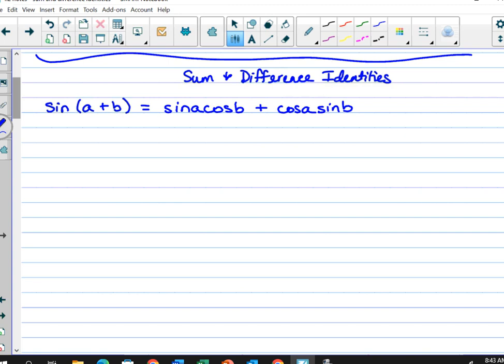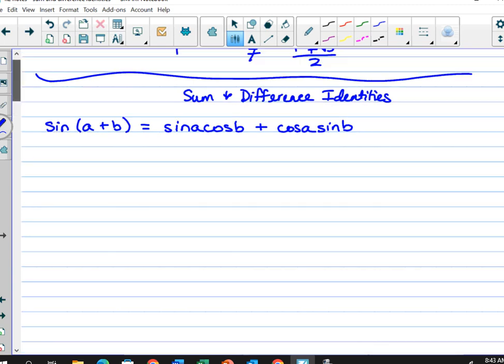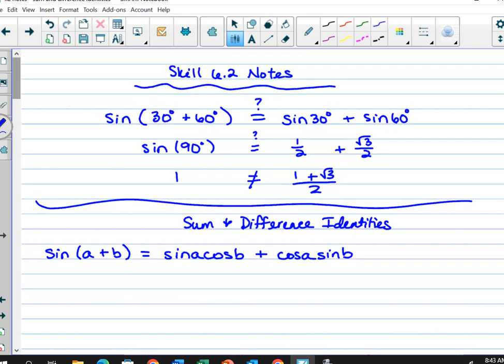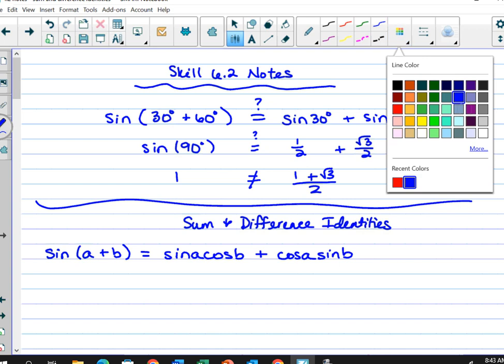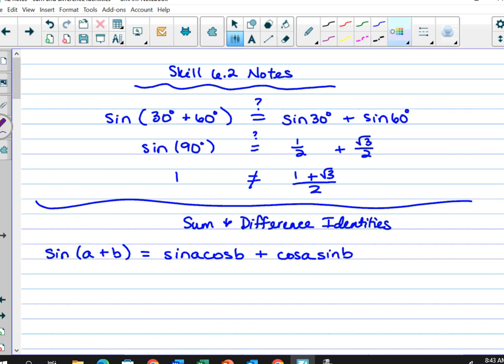But how does that pan out? For the one up here that equals 1, that's easy.